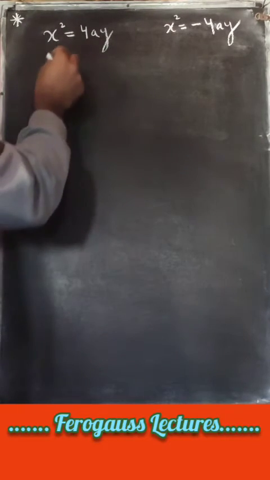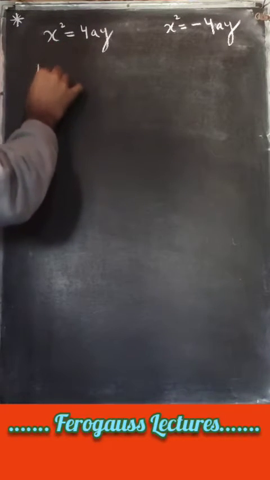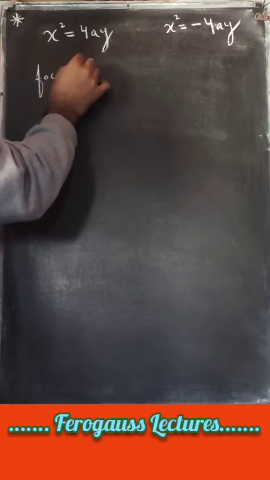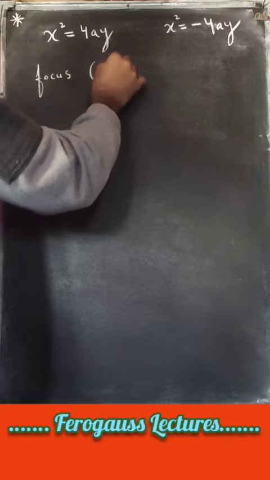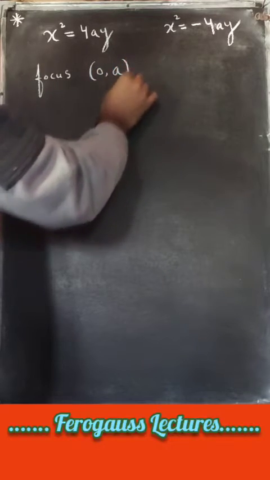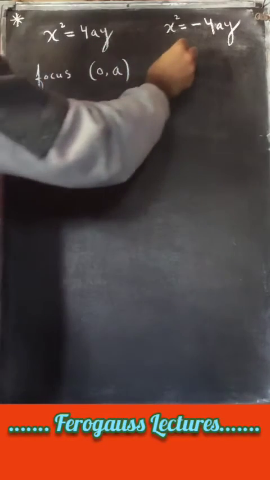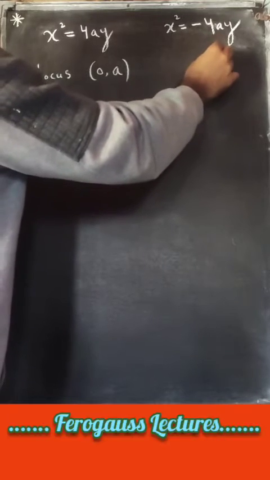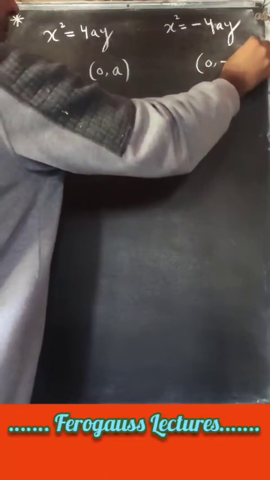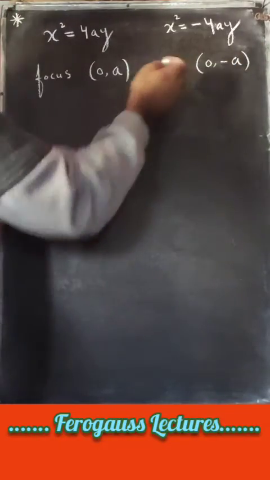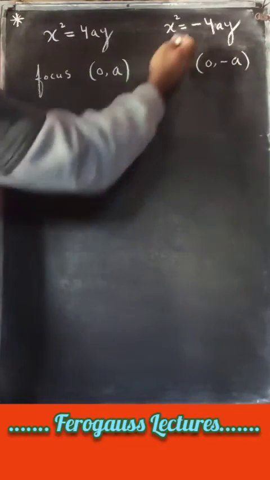Okay? Also, focus for this parabola is 0 comma a, and focus for this parabola is 0 comma minus a, when axis is along negative y-axis.